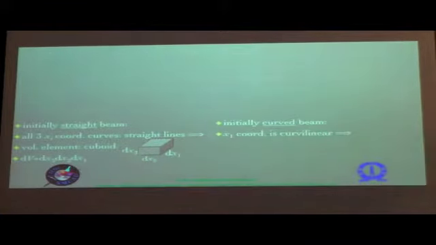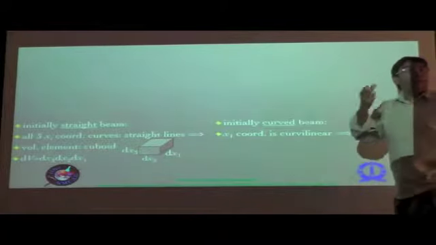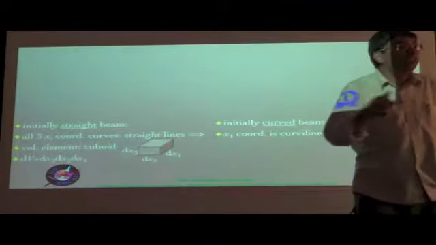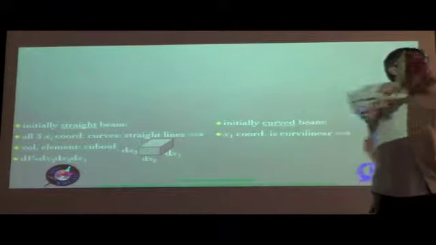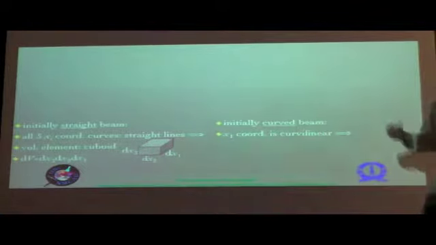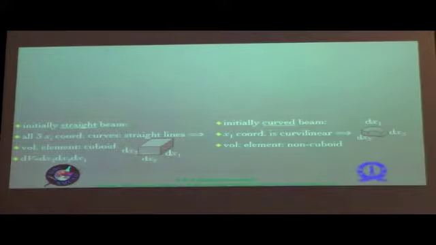Your x2 and x3 are cross-sectional coordinates, which are still rectilinear coordinates. Only x1 has to go around like this because of the initial curvatures. So your x1 coordinate is curvilinear, and so your volume element would look like this.